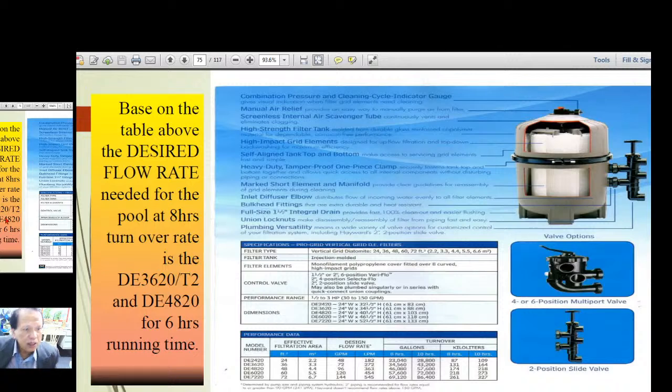Okay, based on the table above, the desired flow rate needed for the pool at 8 hours turnover rate is using the DE type, the DE3620 T2 and the DE4820, at 6 hours running time.